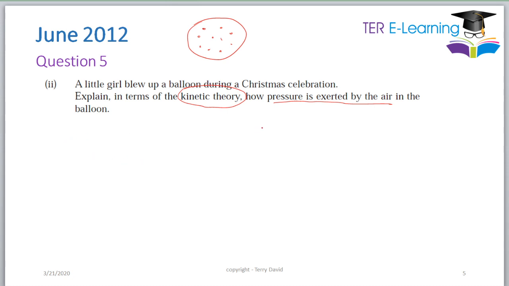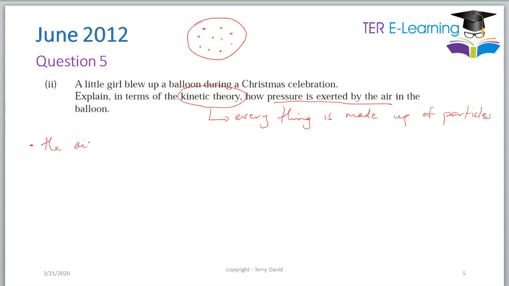So the kinetic theory is basically saying that everything is made up of particles. Now, this is what we need to say to get the marks here.